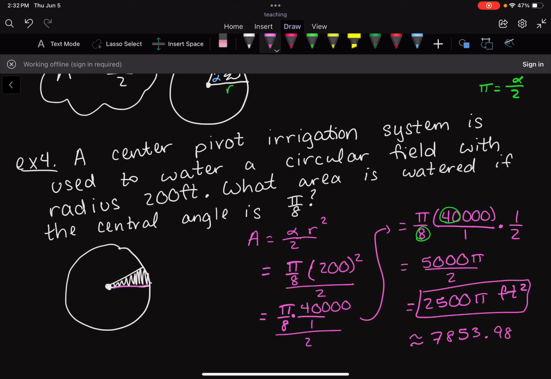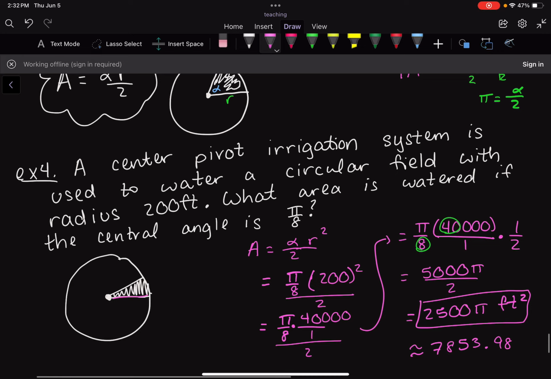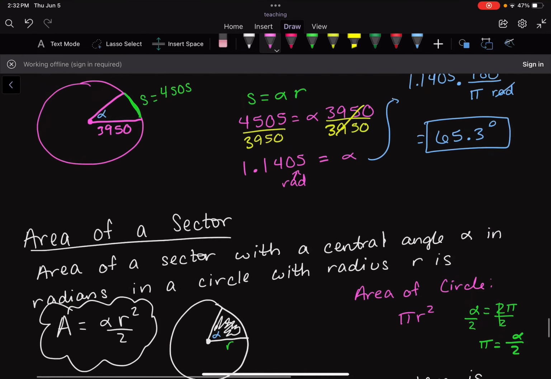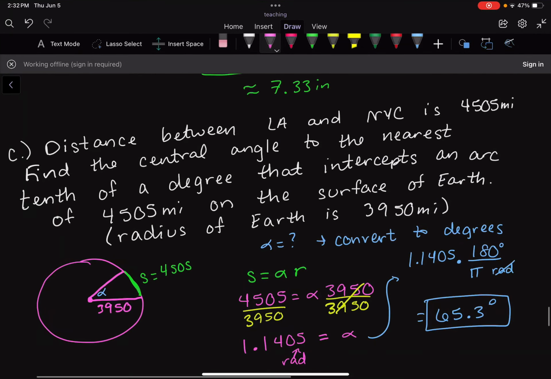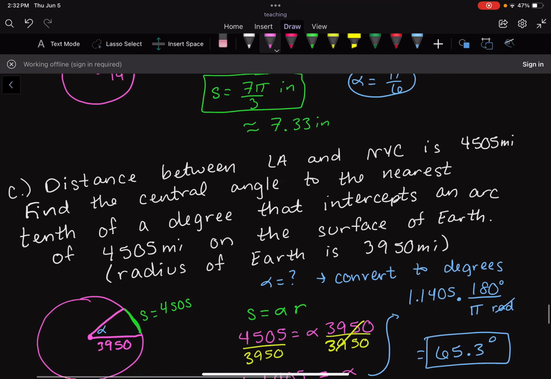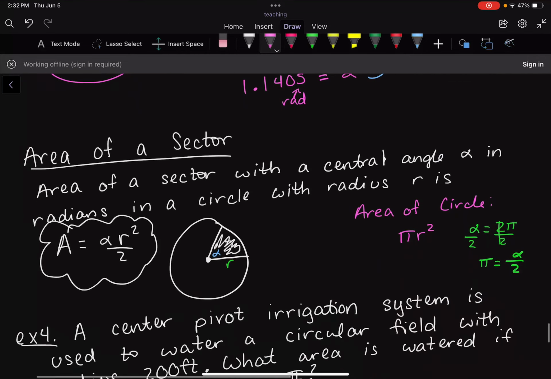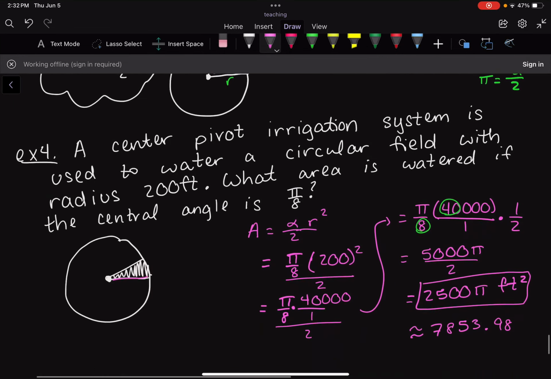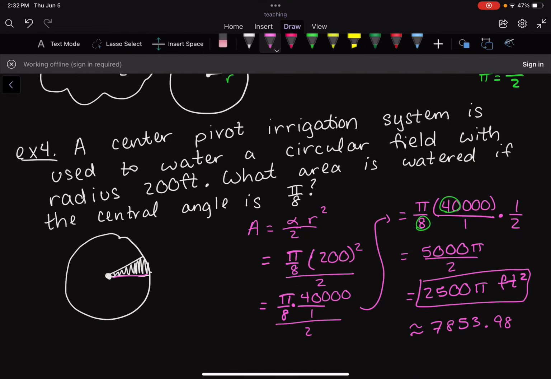And we could do this area equation with any of the above examples. So with any of these, I could say find the area of the sector that we created or something like that. Really the main things to remember with these is that you've got to convert to radians, if you're not in radians, and make sure you actually have the radius and that you plug into the right equation.